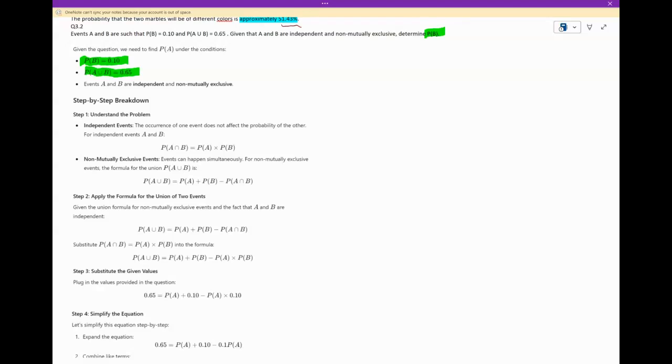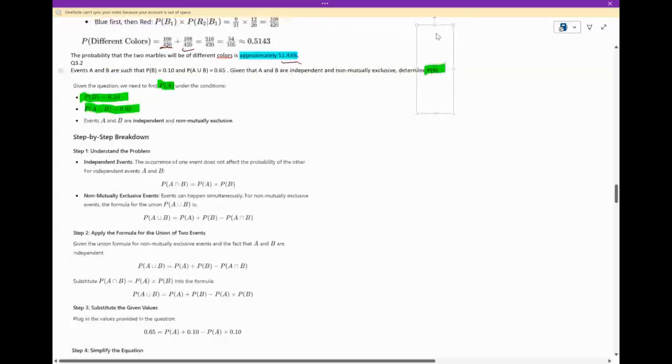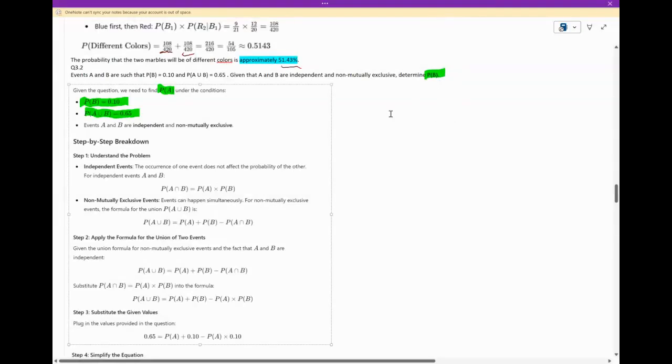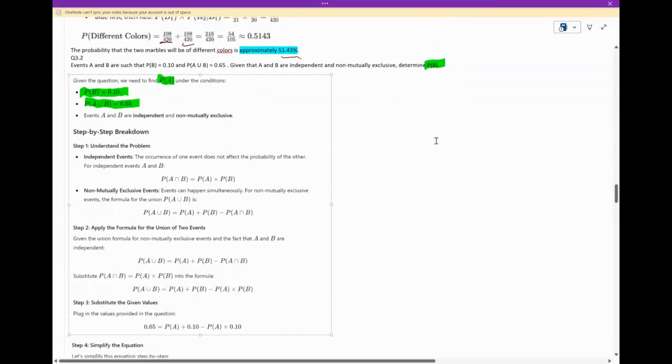Determine the probability of A. They want us to find that. So here I must have typed the wrong thing. Yeah, they want us to find the probability of A.